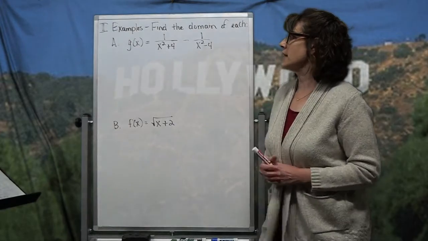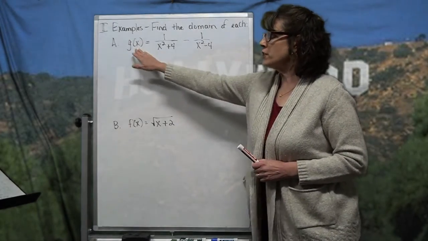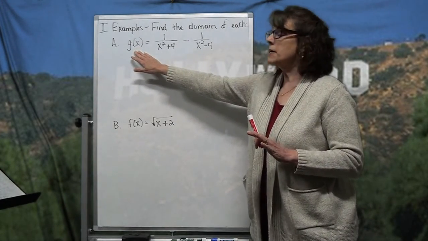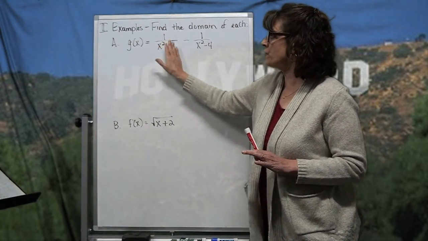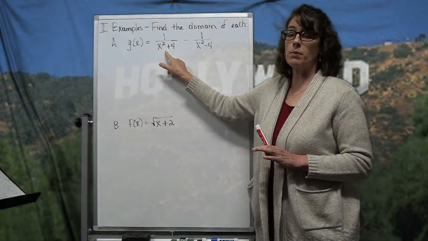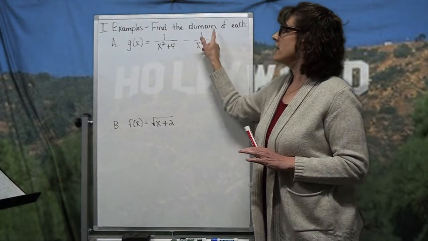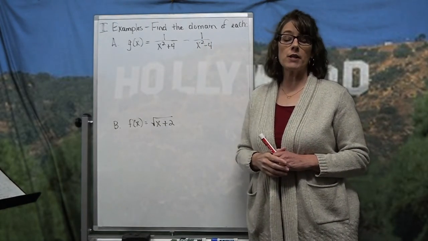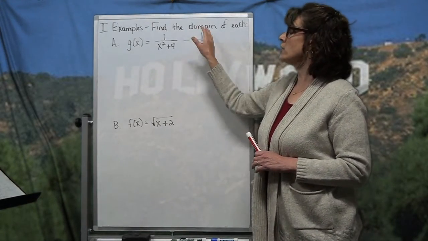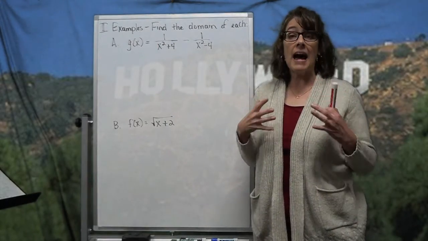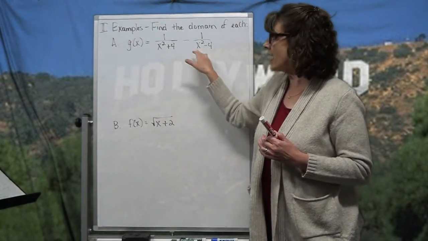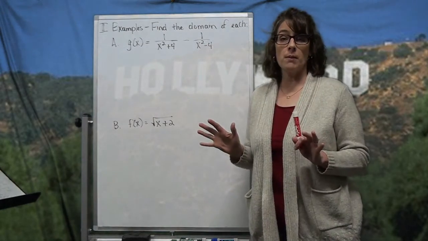So in my first example here, I have my g of x function. My g of x function says I have this fraction with a denominator of x squared plus 4, subtract this fraction with a denominator of x squared minus 4. And I want to look at the domain and I want to say, okay, what is allowed to go in for these x's here and that will not cause any problems?